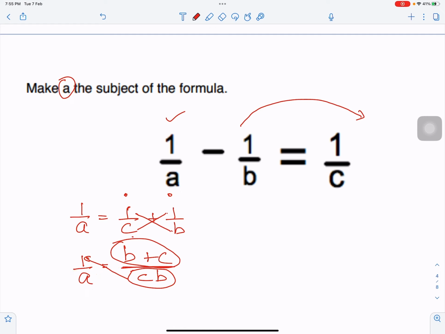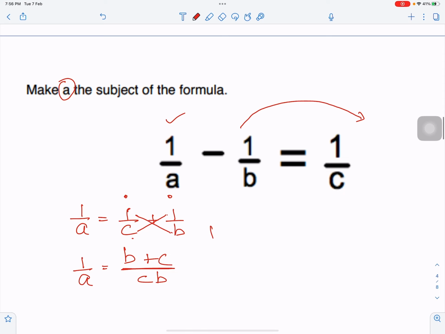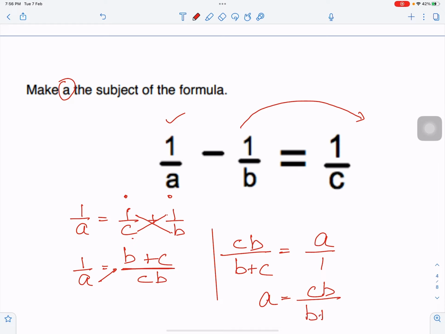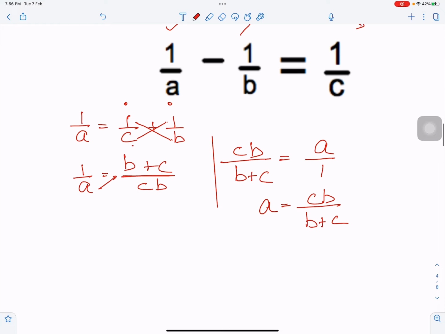I'm doing it here slowly. So a is going up here, b plus c coming here, and this 1 here, which we don't usually write. So I got a equals cb over b plus c.